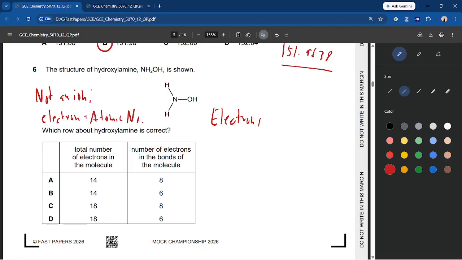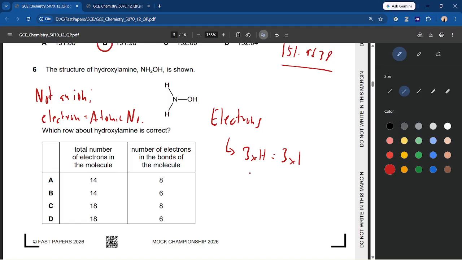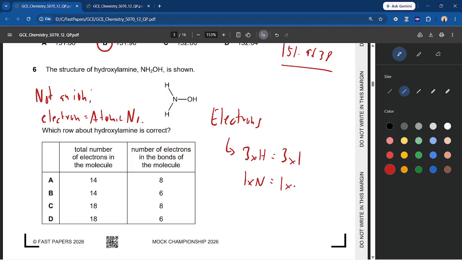So the number of electrons is, let's count how many hydrogens. We have 3 times hydrogen, which is, if we take a look at the periodic table here, hydrogen is 1, so this will be 3 times 1. You have 1 nitrogen, 1 times N, which is nitrogen over here, 7.